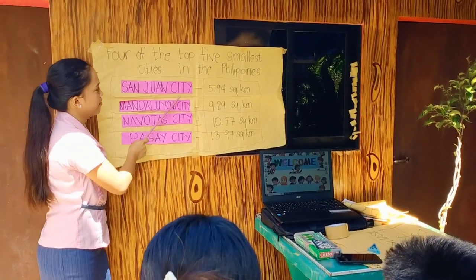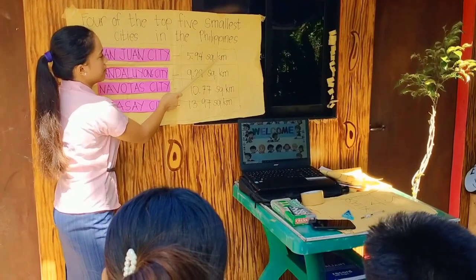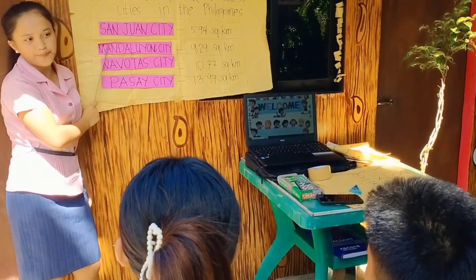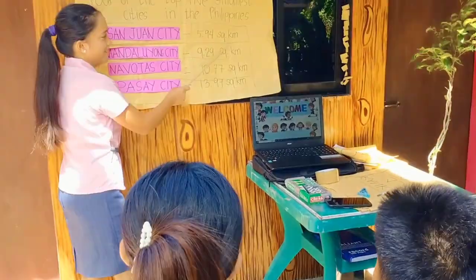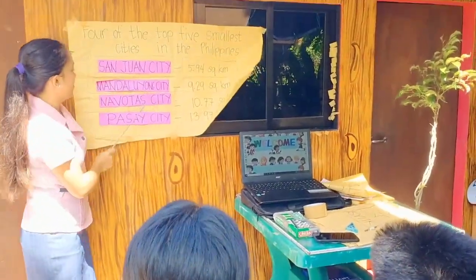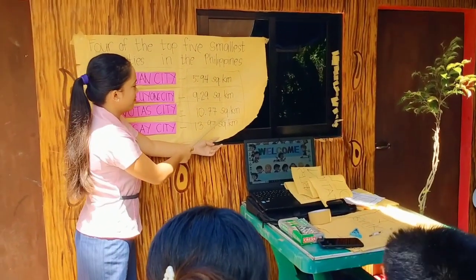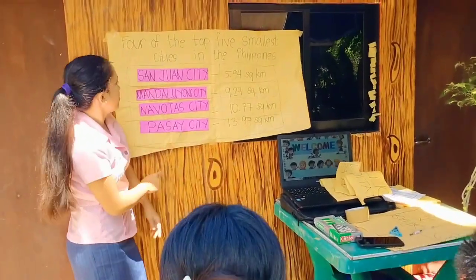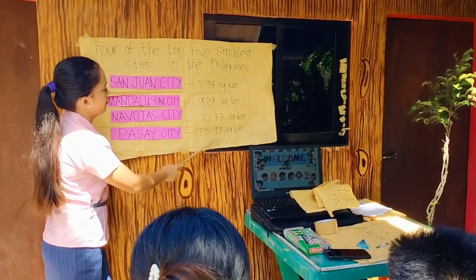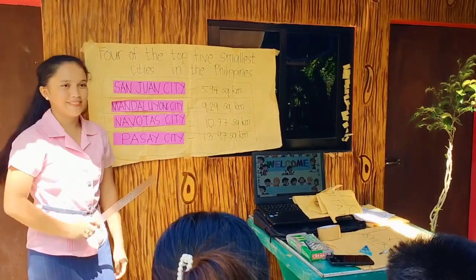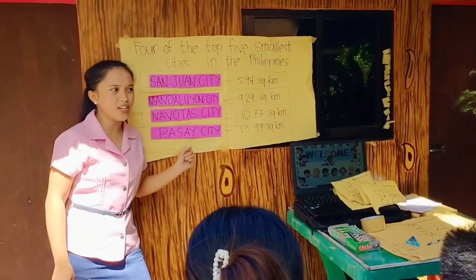San Juan City, 5.94 square kilometer. Mandaluyong City, 9.29 square kilometer. Navotas City, 10.77 square kilometer. Pasay City, 13.97 square kilometer. Class, after reading this particular content, what can you observe?